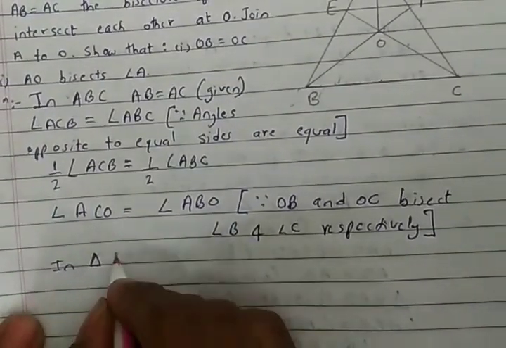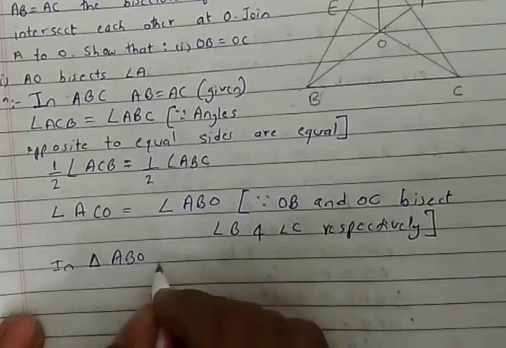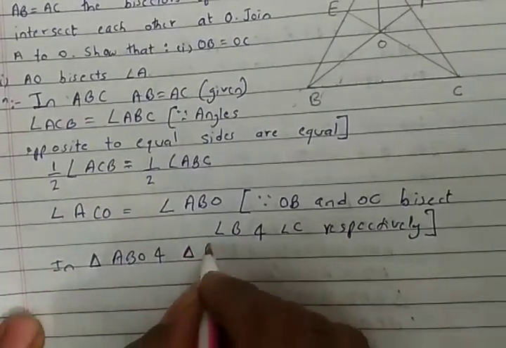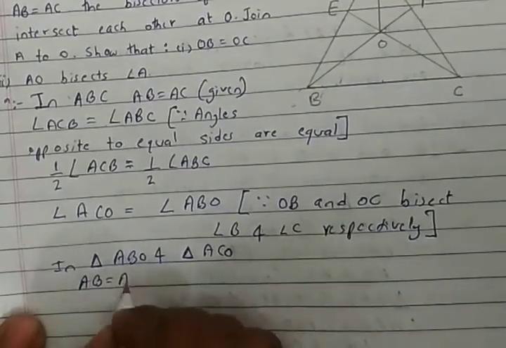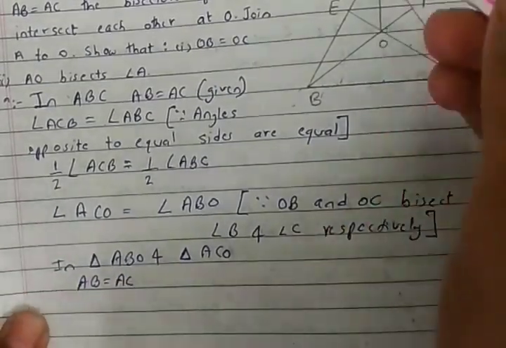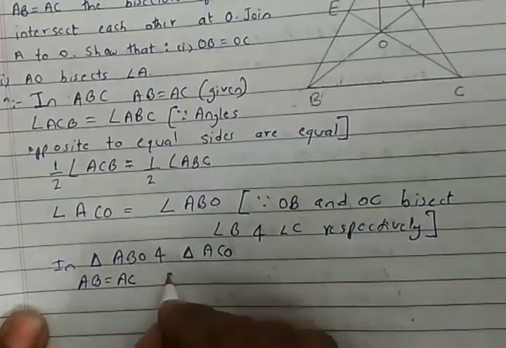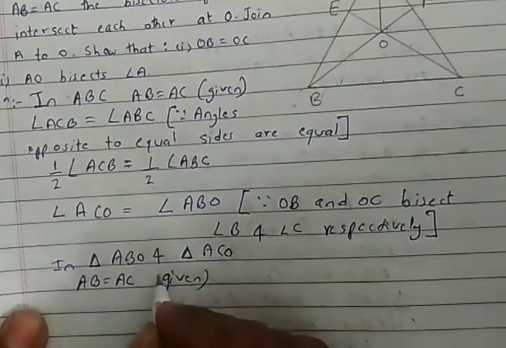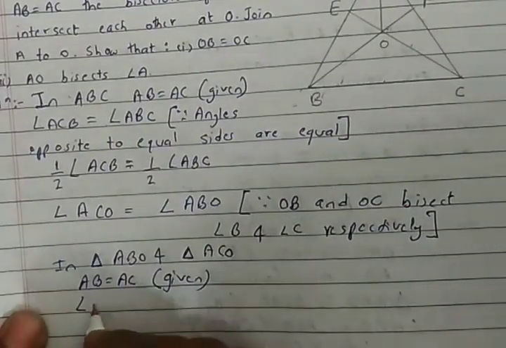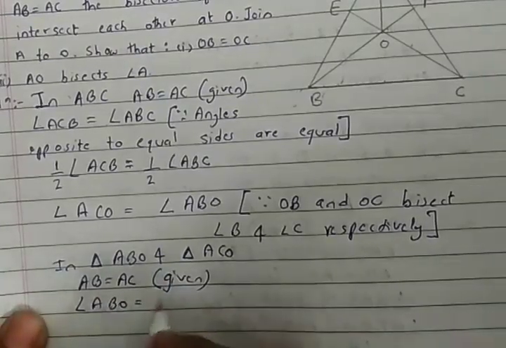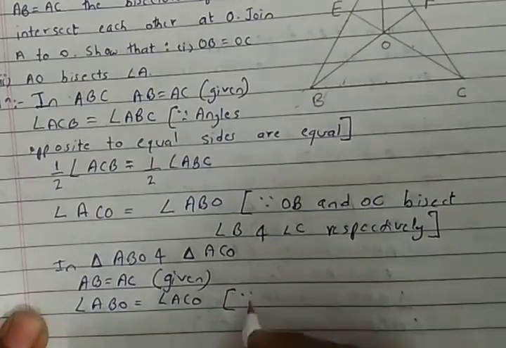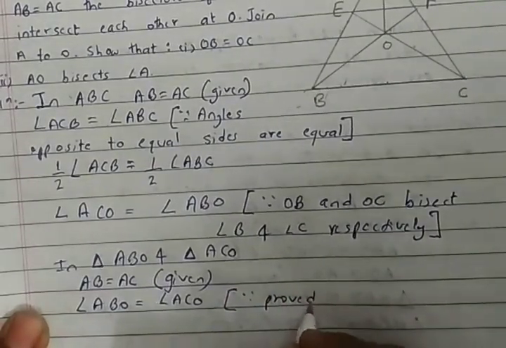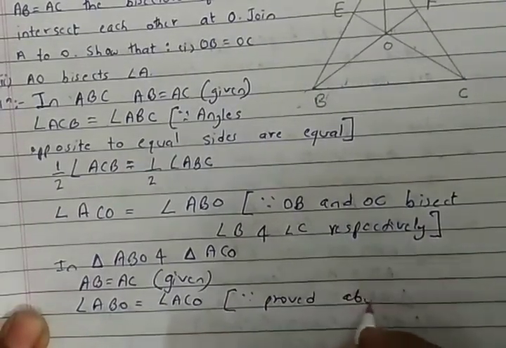Okay, now in triangle ABO and triangle ACO, AB equal to AC, right? This is given, and angle ABO equal to angle ACO, this is proved above, right?